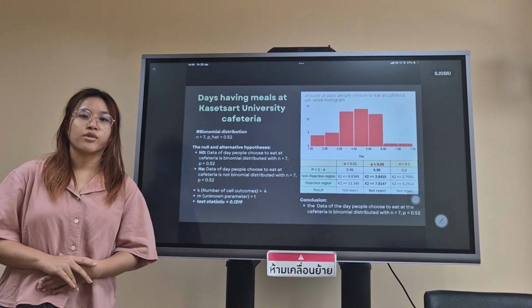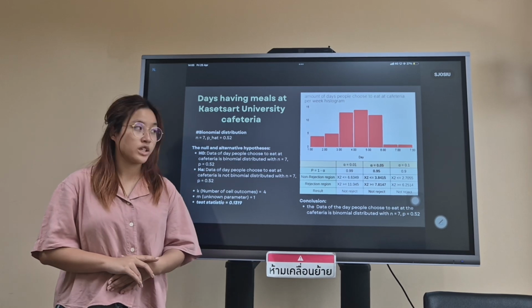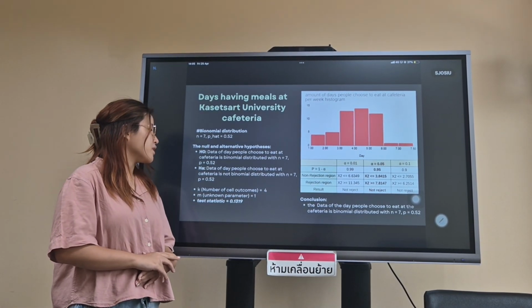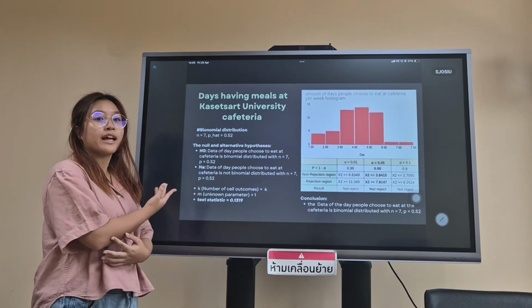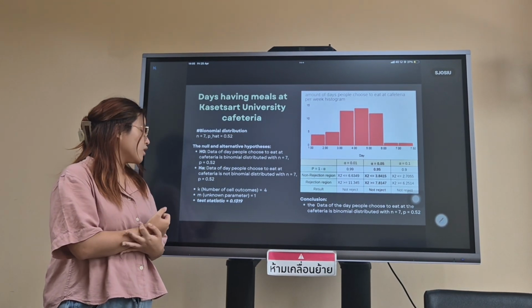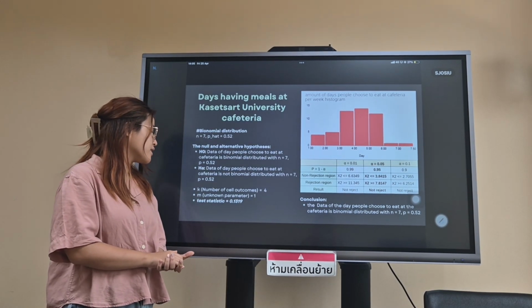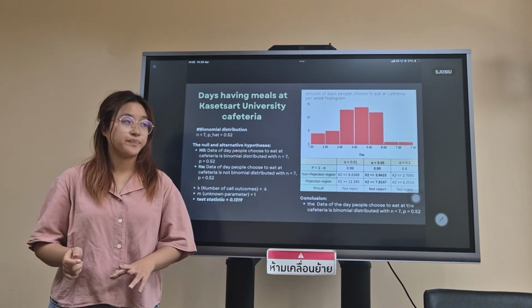After the calculation in the Google Sheet, we got k is 4, m is 1, and after all the calculation, we got the test statistic as 0.1319.